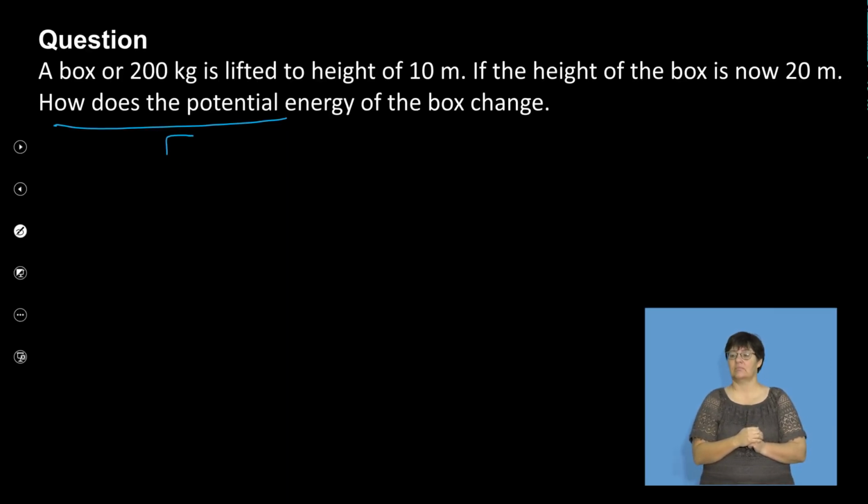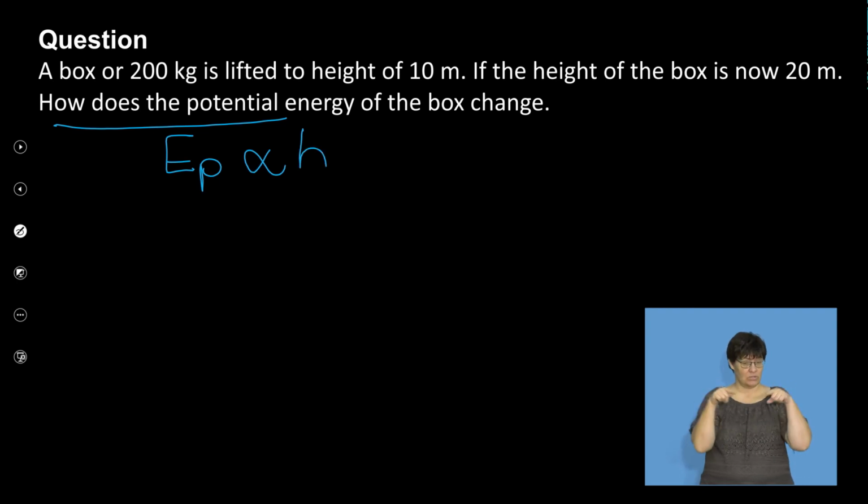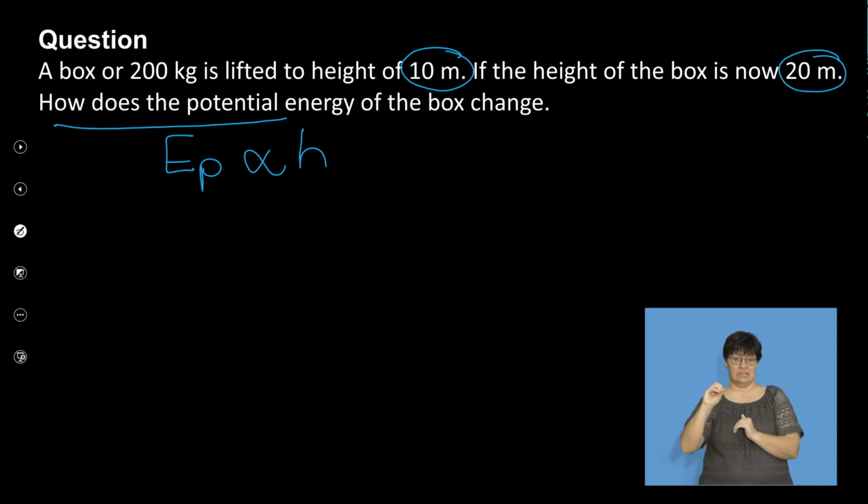The fact that potential energy is directly proportional to height. It went from 10 meters to 20 meters. 20 is 2 times 10. So my height doubled.